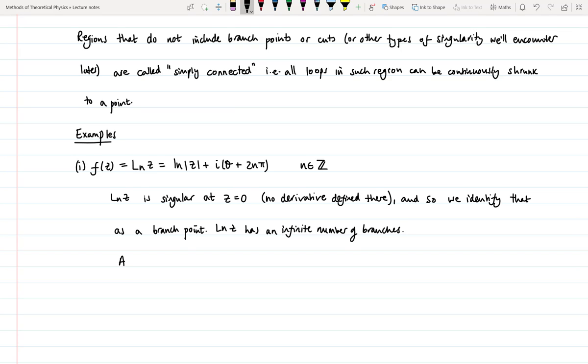This means that, as earlier, it is not consistent to simply choose one branch. In other words, choose a single value of n.